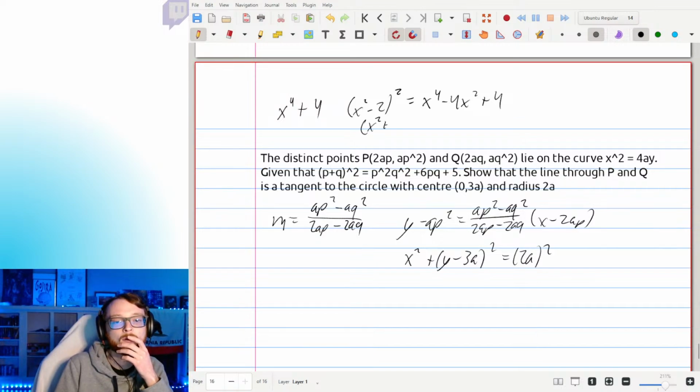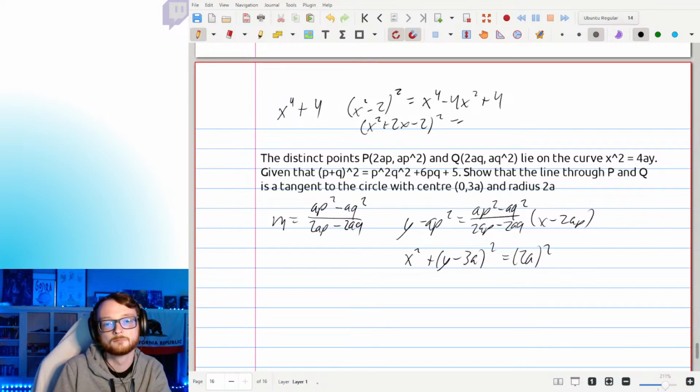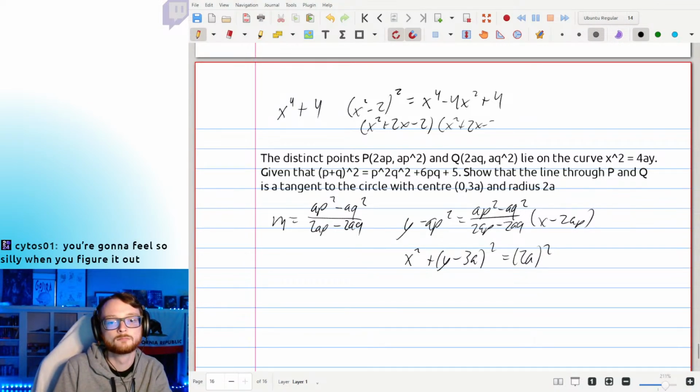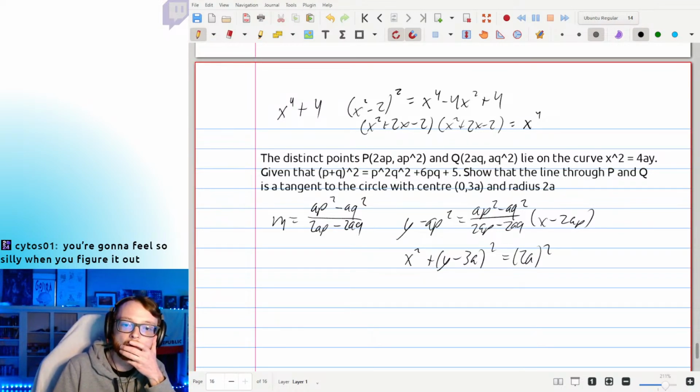Presumably you need a middle term then? Like, is this what we do? We're getting cubics in here. We have to hope they cancel. They sure aren't.